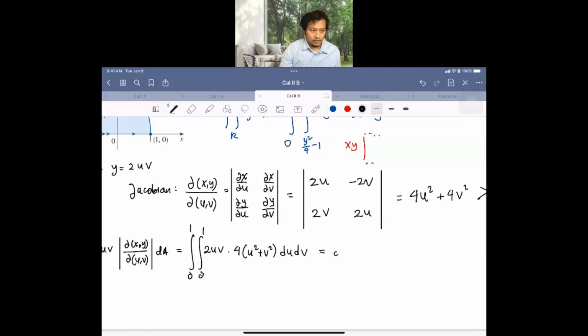and this will be 8. And solve the integrations. u cubed v plus u v cubed.